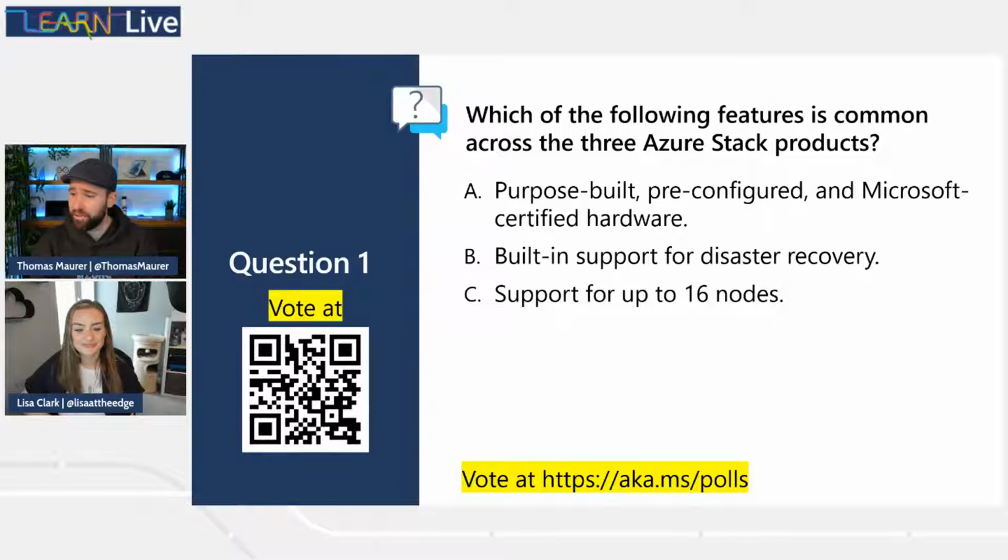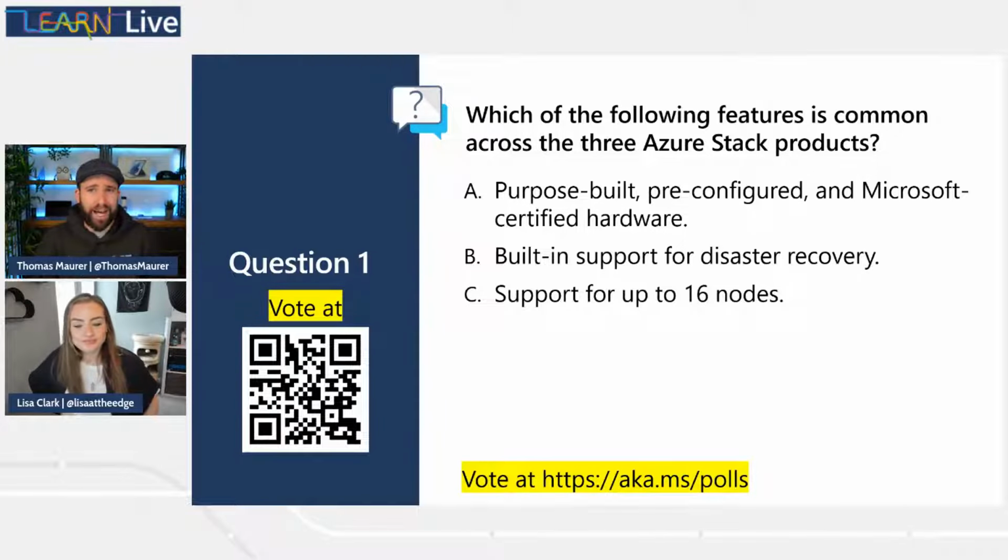And then another one we have is built-in support for disaster recovery. I know for a fact that Hub and HCI support disaster recovery, or high availability in that sense, if you will. Yes, again, when you have multiple nodes. But I would say, and that's my opinion, the Edge appliance doesn't really, and we're going to talk more about that.